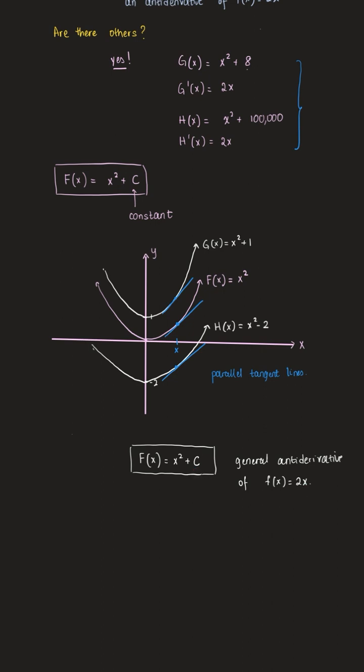Their geometric relationship is that they are just shifts of one another along the vertical axis, because that maintains the shape, which means that the slope of the tangent line at any point will always be the same. So that gives us a general antiderivative, which means an infinite number of functions that have the same derivative.